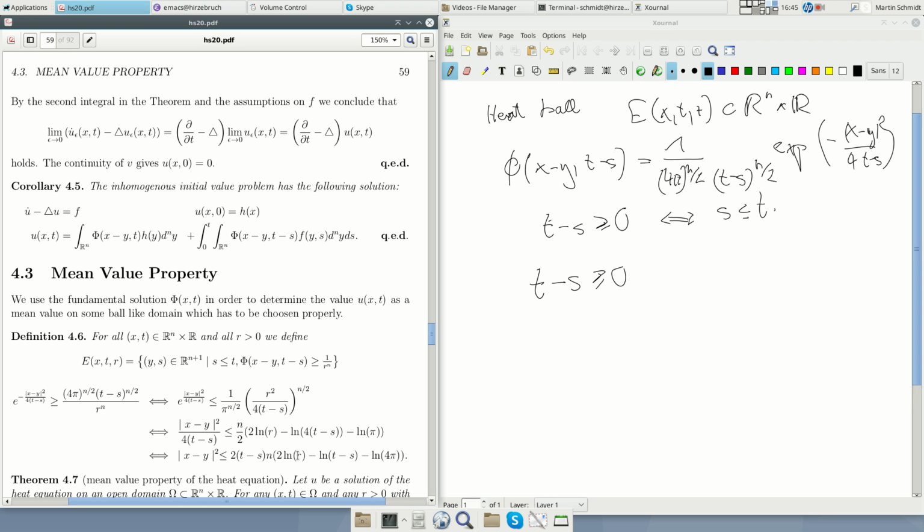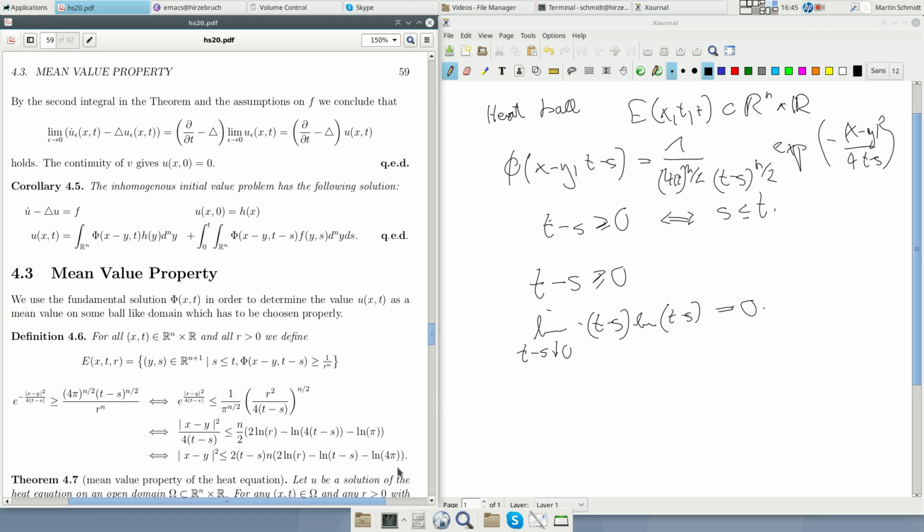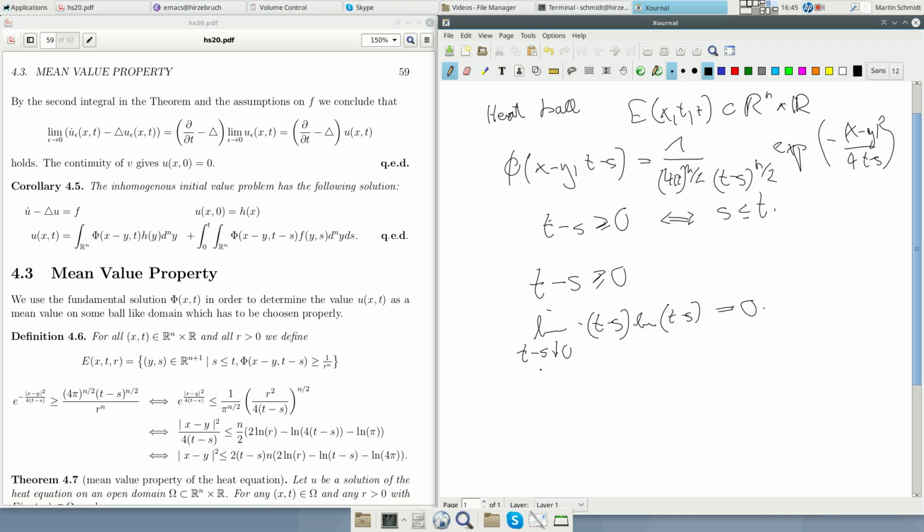For r given, this is some constant, but in the limit as t minus s goes to 0, t minus s times the logarithm of t minus s, and the logarithm is of course negative for small values, goes to 0. So the right hand side really goes to 0 if s goes to t.